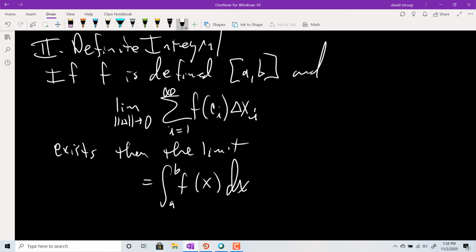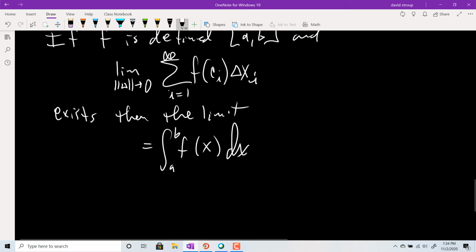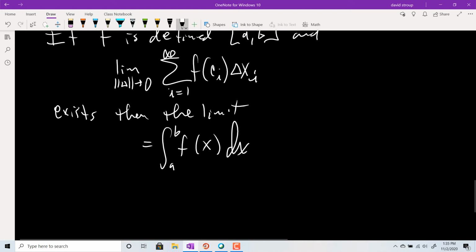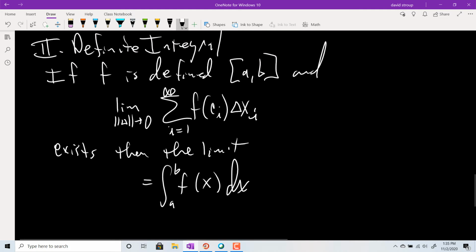At this point, though, we haven't really made clear the connection between the area problem and the antiderivative problem. They'll even say in the book, in the footnotes somewhere, that the notation is the same. If you remember in 5.1, we had the notation f of x dx, which was called the indefinite integral, and all that was giving you the antiderivative.